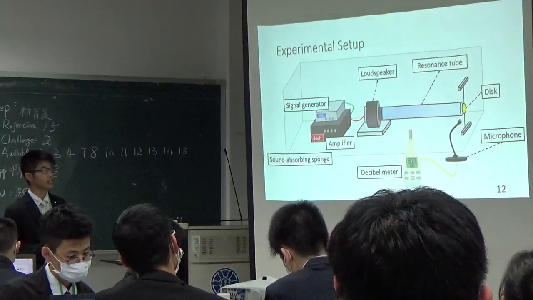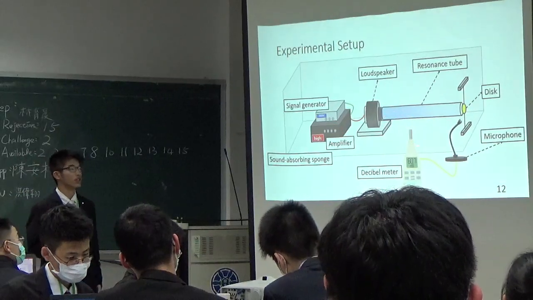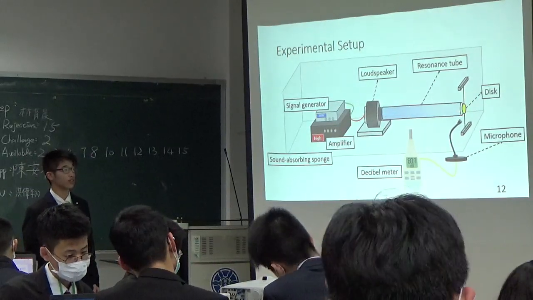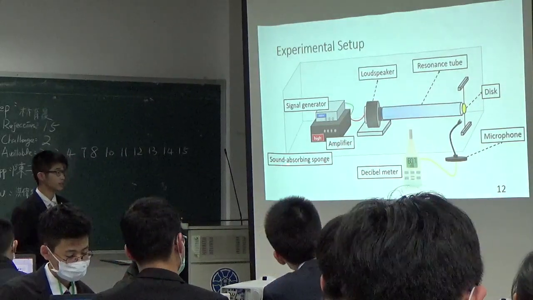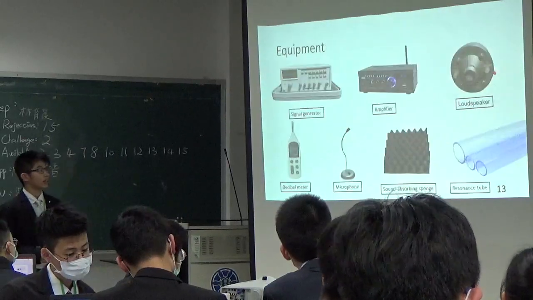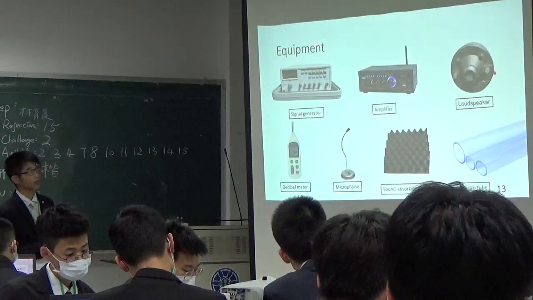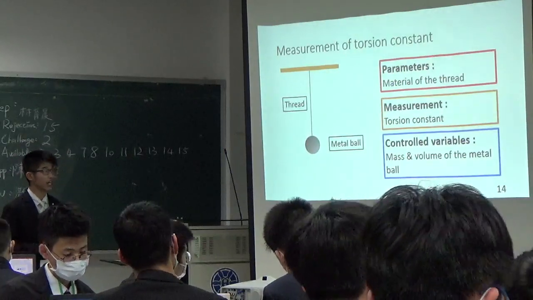And we use a resonance tube to concentrate the sound wave, and put the disk in front of the resonance tube to rotate. We also use sound absorbing sponge to absorb the environmental noise. And this is our experiment equipment. First, we have to measure the torsion constant.